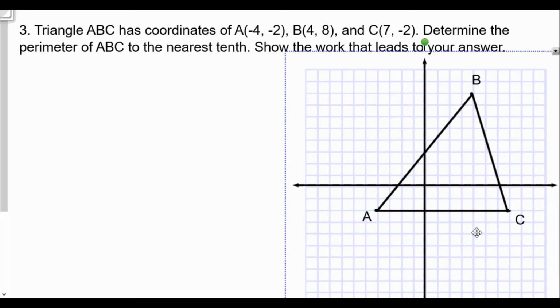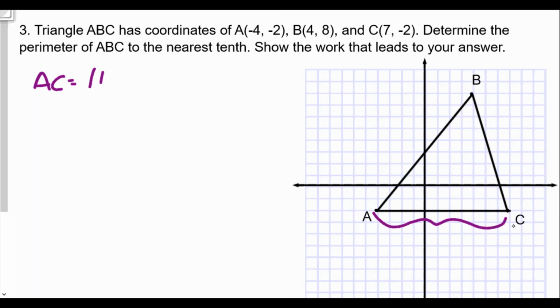Okay, that's fine. All right, so AC, we count boxes. The idea in this case is that we want to figure out the perimeter to the nearest tenth. So we know AC, we count across: 1, 2, 3, 4, 5, 6, 7, 8, 9, 10, 11. So AC is 11 spaces. So this is the easy one.